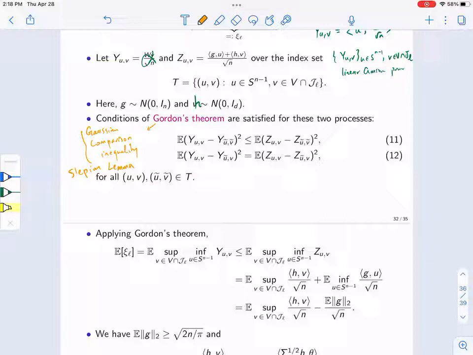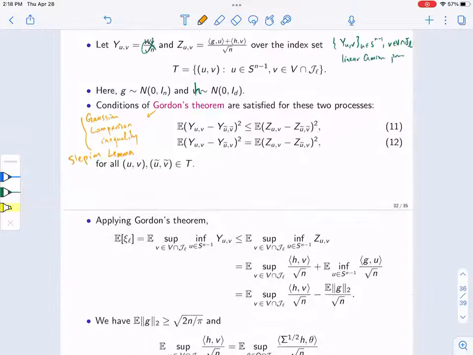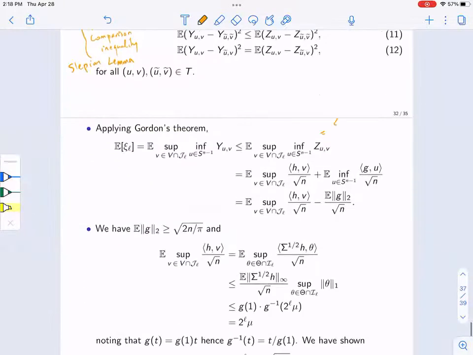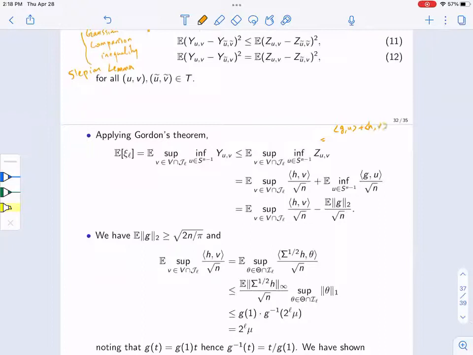In any case, let's say you agree with this. Let's say this holds, these conditions satisfied. I can compare these two. Now I can compute. If I define this, what was it? G U plus H V divided by root n. Now I can simplify this side.